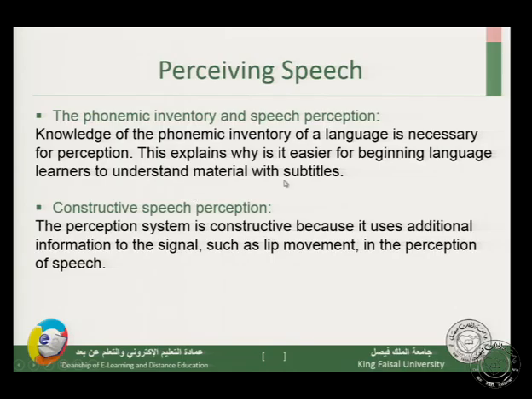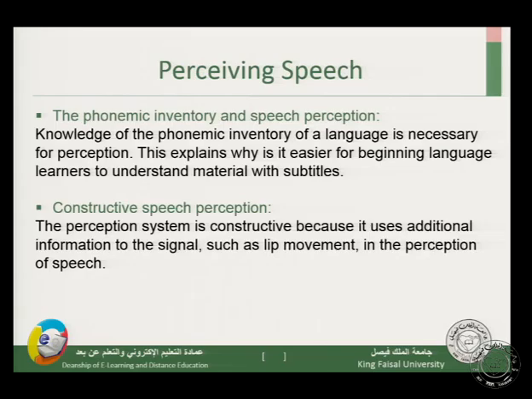Knowledge of the phonemic inventory of a language is necessary for perception. In order to understand the language well, you have to be aware of its phonemic inventory. And this explains why it is easier for beginning language learners to understand material with subtitles. If you are watching a movie in English which has subtitles in English as well, sometimes you are not able to understand some of the words, but when you read them, you say, yes, I know the meaning of this word, I have taken it before.